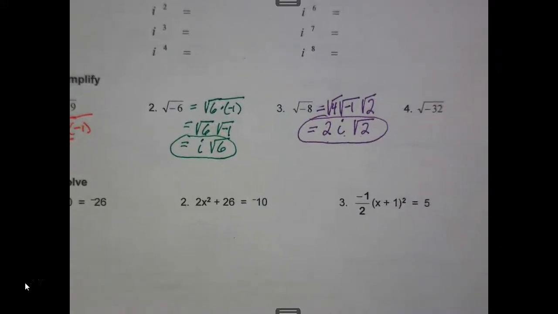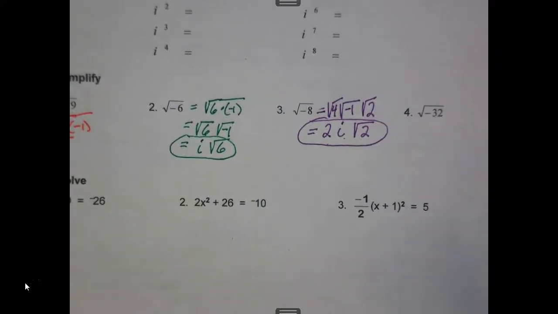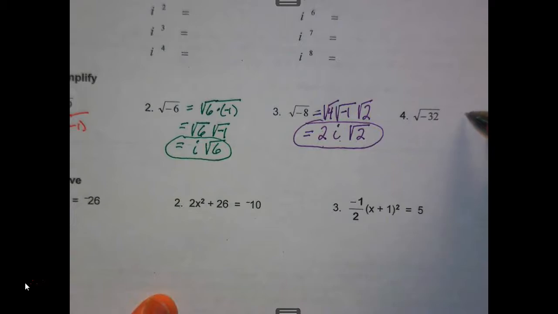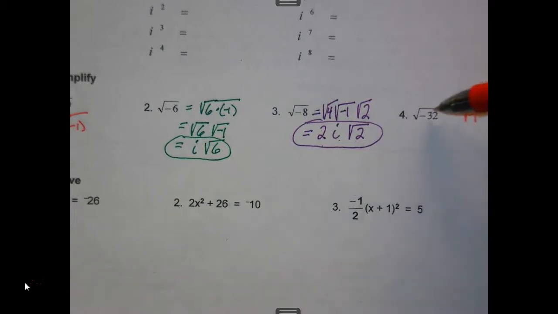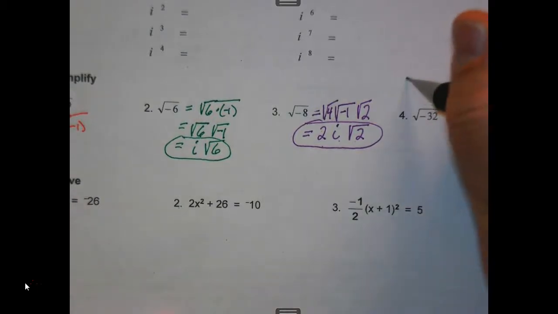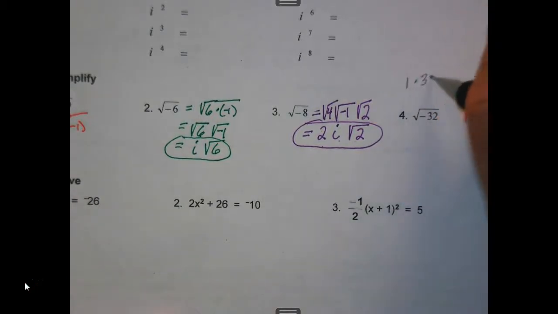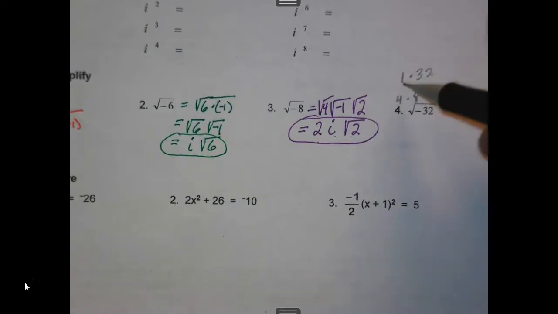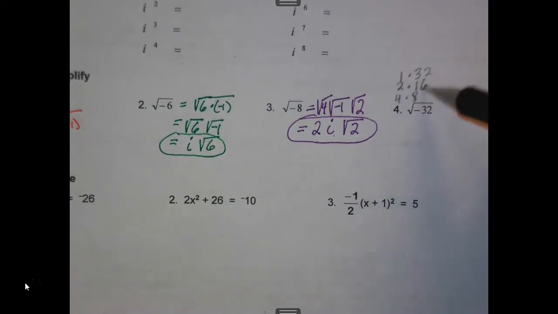Number 4. Let's do the same thing. I have a negative 1 there, so that's going to be a square root of negative 1. Let's think about the factors of 32 here. 1 times 32, 4 times 8. Any others? 2 times 16. I do have a bigger perfect square than 4.